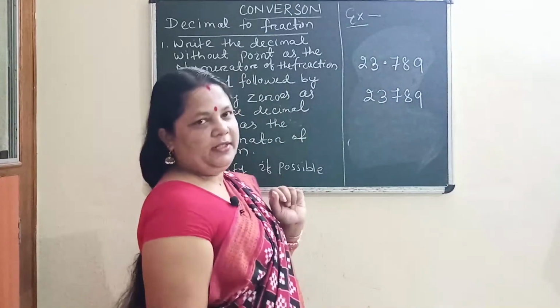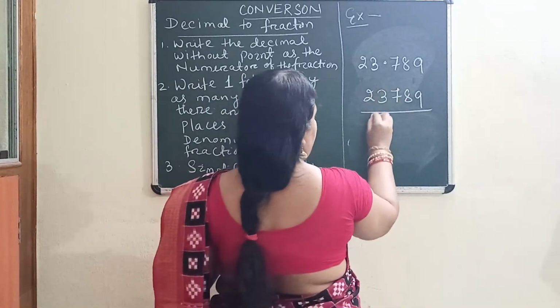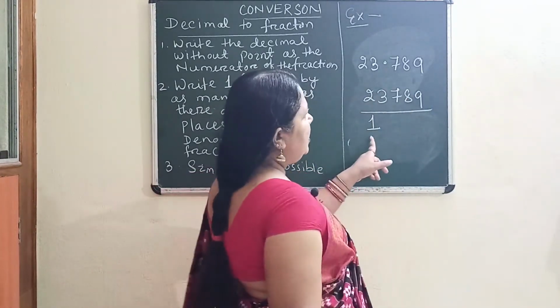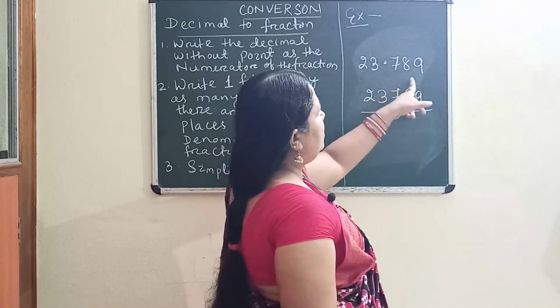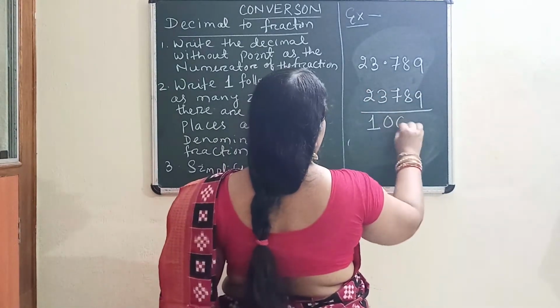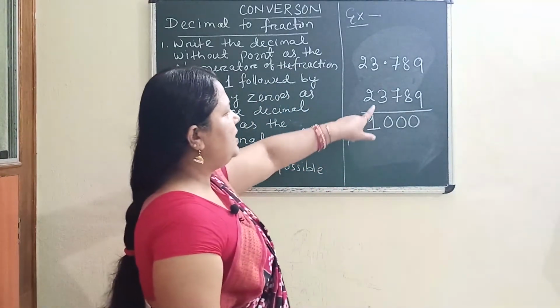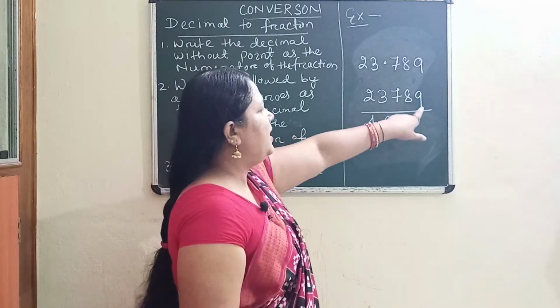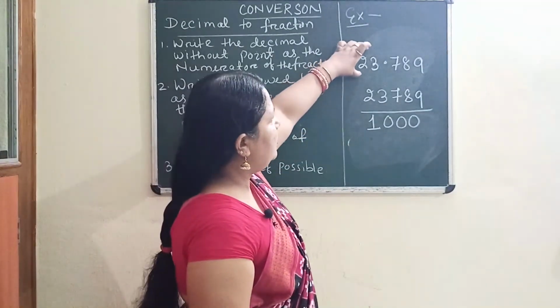Forget about the point. Then what you will do? Divided by, write 1 along with how many zeros you will add? After decimal point how many places? 1, 2, 3. So put here 3 zeros as your denominator. So the number is 23,789 by 1000.